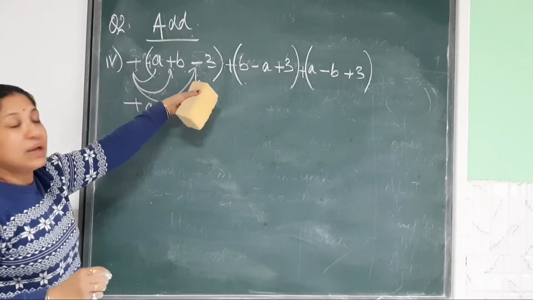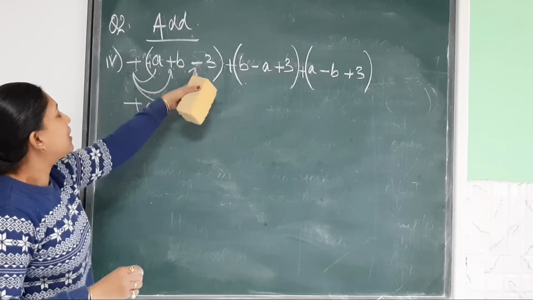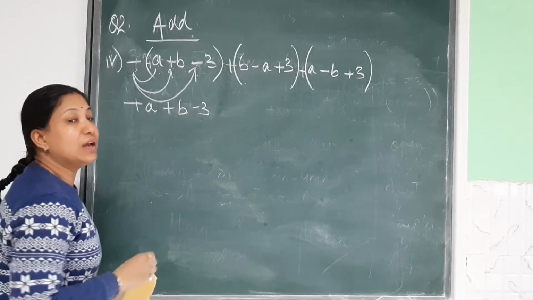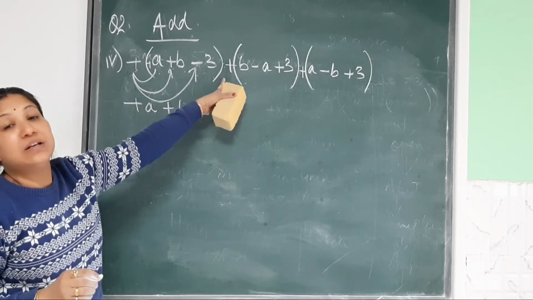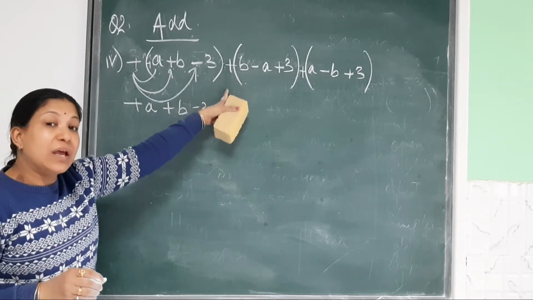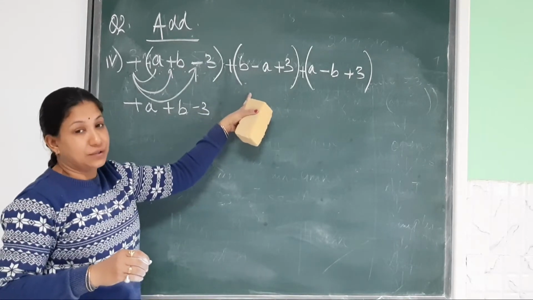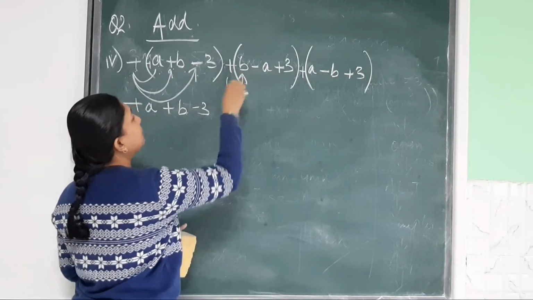Remember, sign will meet sign. Plus multiplied by minus, different signs, minus 3. This is why we open the bracket, because sometimes if you have a negative sign outside the bracket, then you will get all the term signs different. Okay, so let's practice.